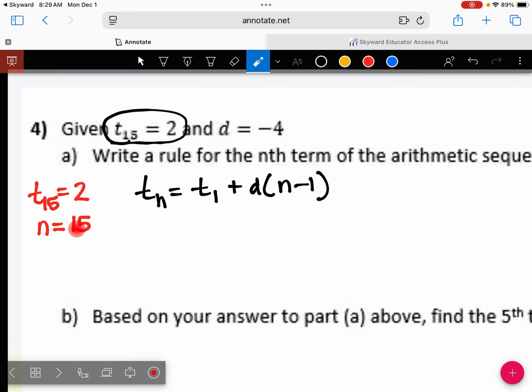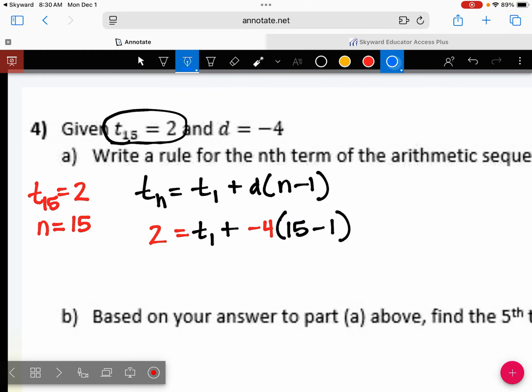The 15th number is 2. So to solve this, I'm going to write 2 equals T sub 1 plus my common difference. What did they tell me the common difference was? Negative 4, parentheses, n minus 1.